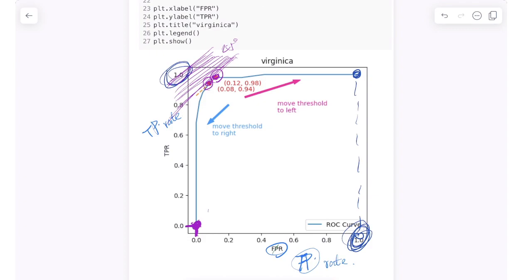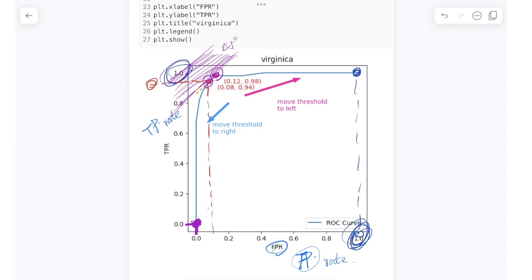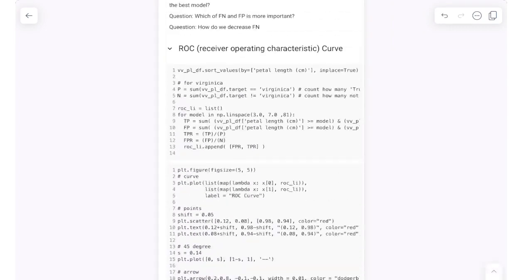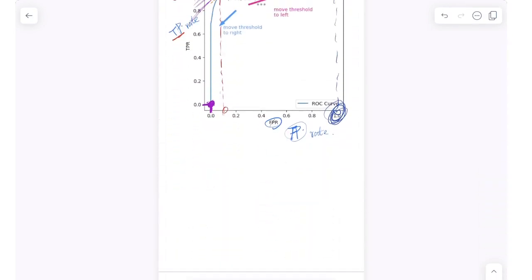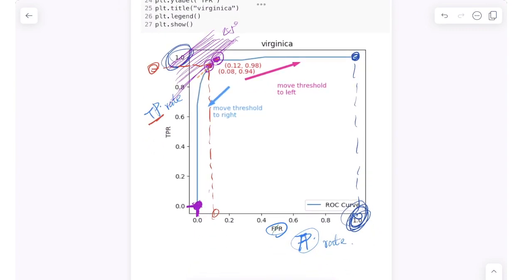That means this point might be the best boundary line you should select. It has a very high true positive rate: it can correctly classify y equals 1 data points as y equals 1, and it has a very low false positive rate. I think that is the sweet spot of your boundary line.